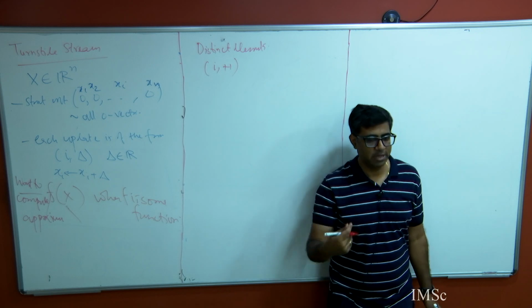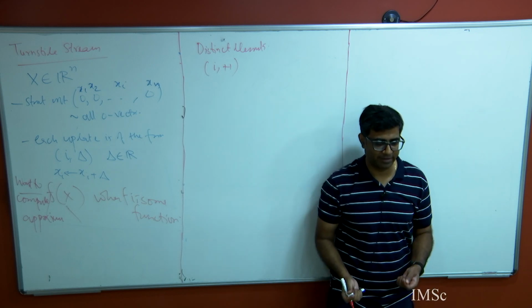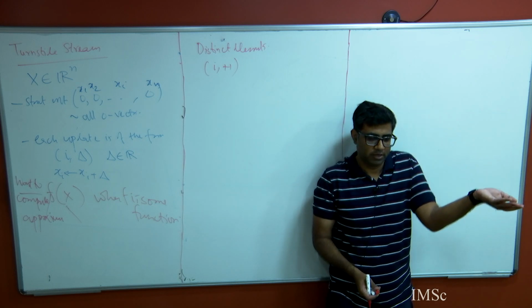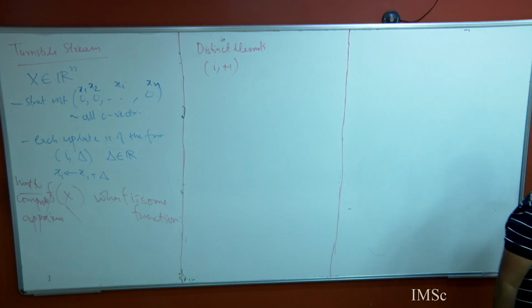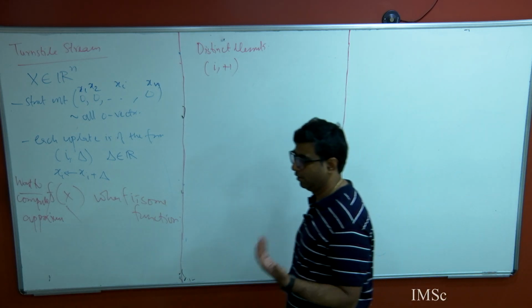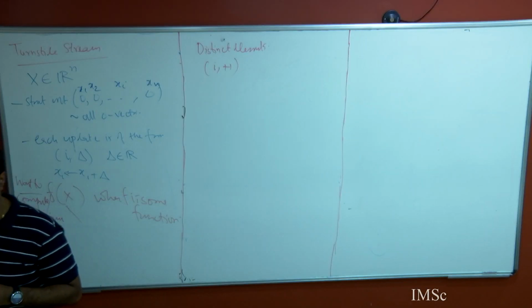So if xi comes, I say go to the ith location and increase by plus 1. And what is the function f you want to compute? It is the support of this vector: how many non-zero elements are there? That is all that we are computing. That is nothing but the L0 norm, and this is exactly why it is called F0. We'll get to that.